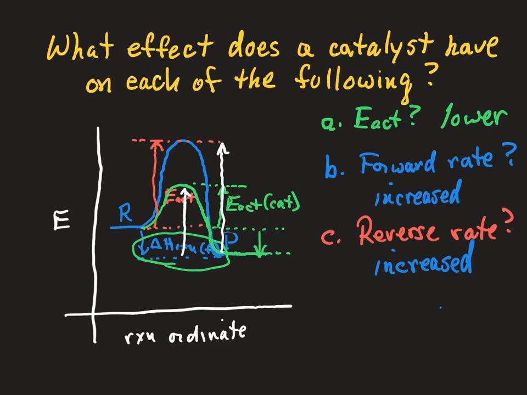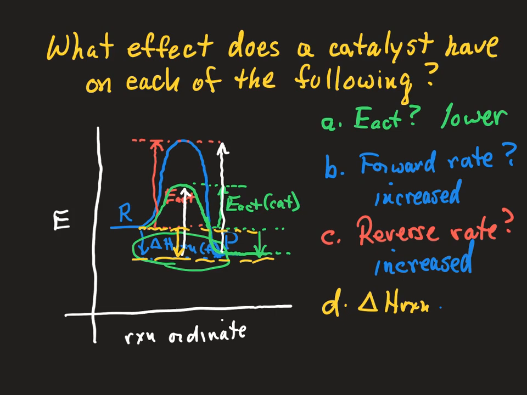And then the last question is, what's the effect on the delta H for the reaction? Well, whether we are catalyzed or not, we're still dealing with this distance. Whether we're catalyzed or not, we're going from the energy of the reactant down to the energy of the product.